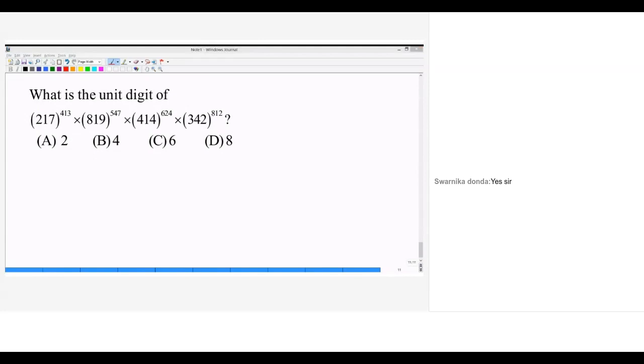First find it individually, then multiply them. Let's see, Vijaya answered.